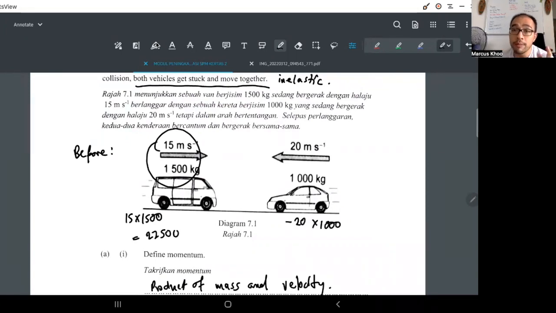Why negative? Because the velocity is to the left. Okay, so this is one very important thing that you need to remember. Even in momentum, the direction matters. We established this in question 1. Okay, momentum is a vector quantity. So the direction matters. So this will be negative 20 times 1000. This will be negative 20,000.